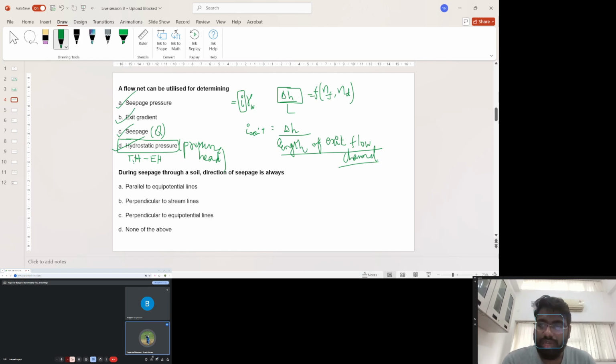There is a problem which we will be solving either this week or in the next week initially, so that with that problem you can understand how pressure head varies when the flow takes place through the soil. All right, hence all four can be estimated by using a flow net. So the right options are all four.